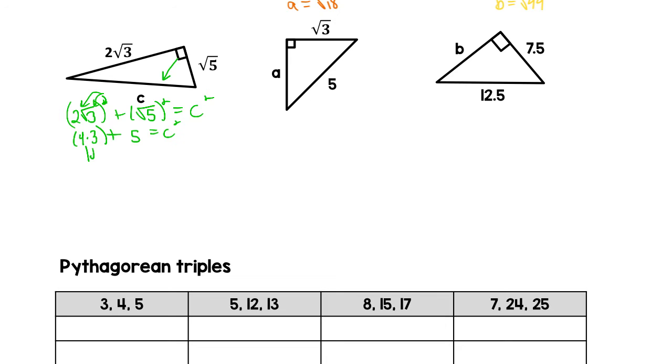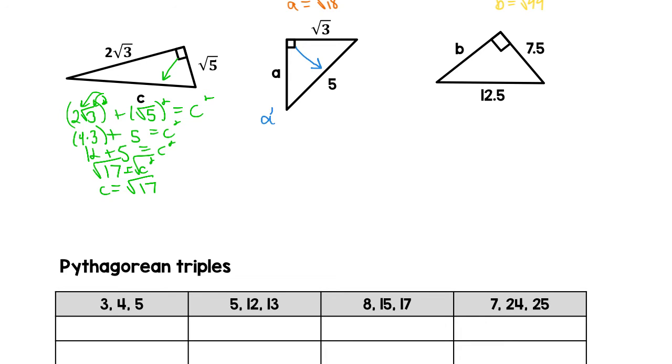4 times 3 is 12. Plus 5 is C squared. That means C squared is 17. Take the square root of both sides, and C is the square root of 17. Let's do another one. Hypotenuse is 5, across from the right angle.